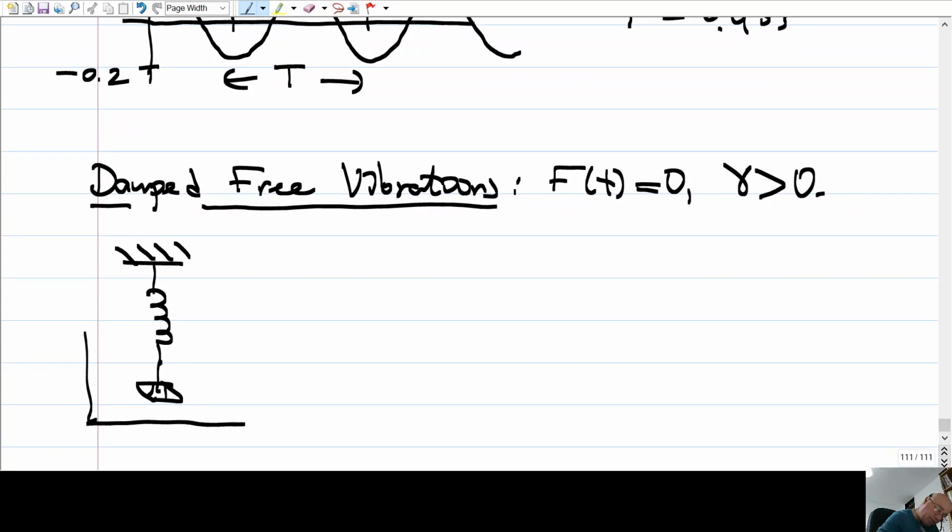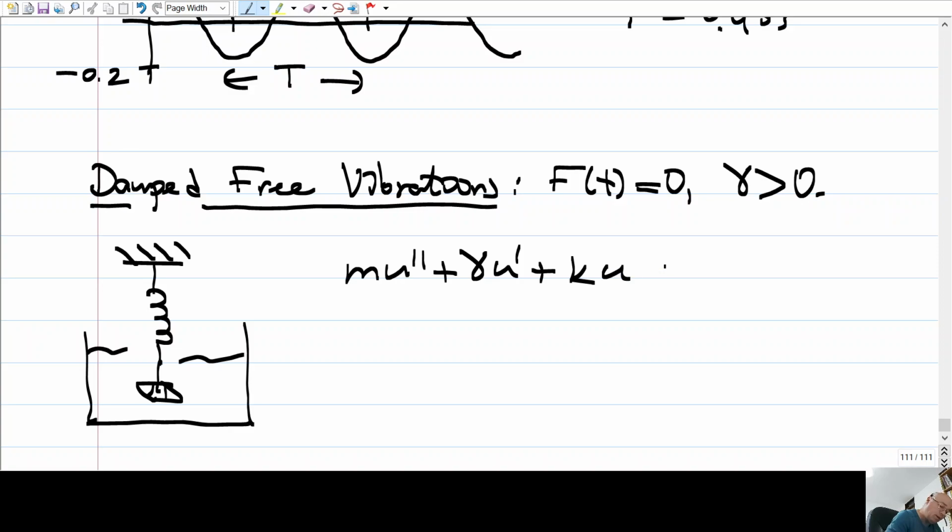Let's say we have a bucket with some water in it, and this mass is just moving up and down inside the bucket. The equation is this, with f of t just 0.